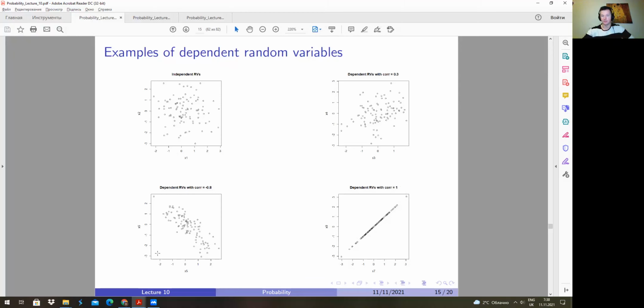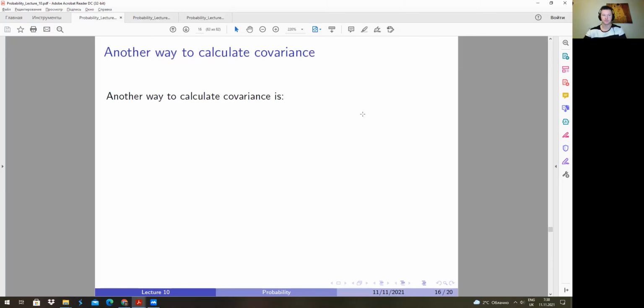And usually when we work with some data, when we work with some observations, we have something in between, like this or this, strong or weak dependency of two variables. But this is just a graphical illustration, and we are going to use similar graphs later on during the statistics course.